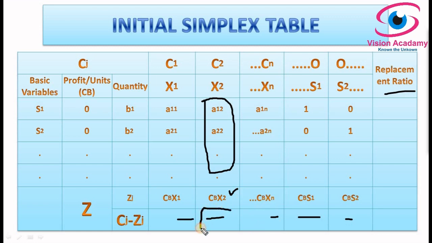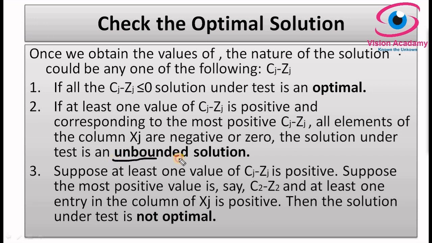I assume this is the most positive value, and corresponding to this, the variable values are negative or 0. Then it is an unbounded solution. You cannot give a solution for this kind of problem. That is what I am going to tell. So this is an unbounded solution.